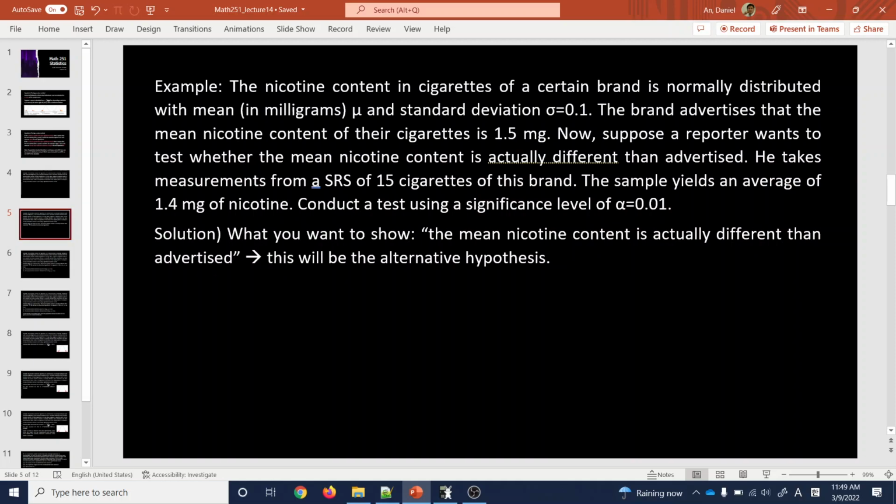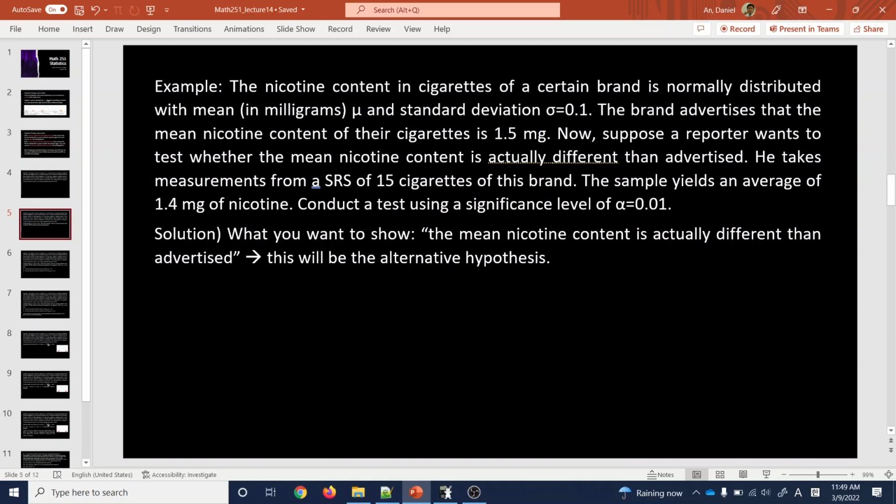To figure out what you want, you should read it and see what you're trying to show. If you read it, you see that the mean nicotine content is actually different than advertised. That's what you want to show, right? Since it says different, is it a two-tail test, one-tail test? Or if it's one tail, is it the left tail or the right tail? What do you think?